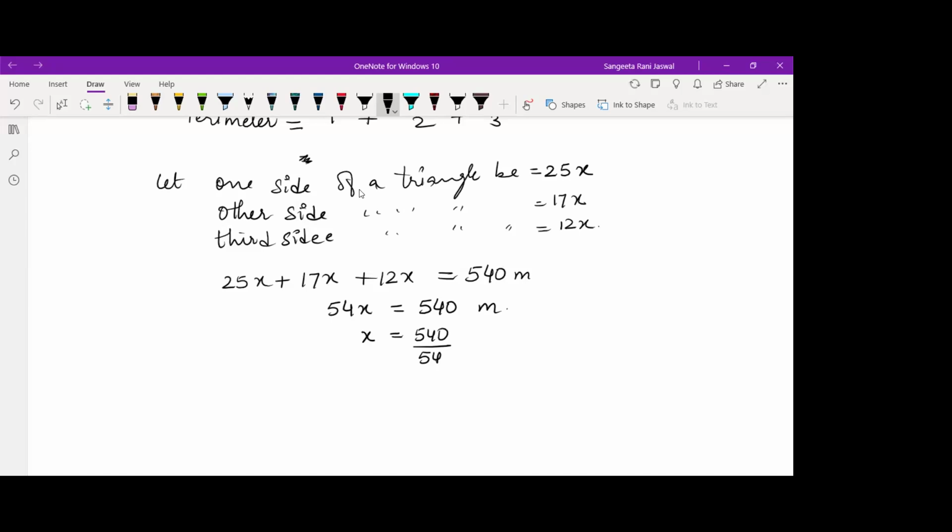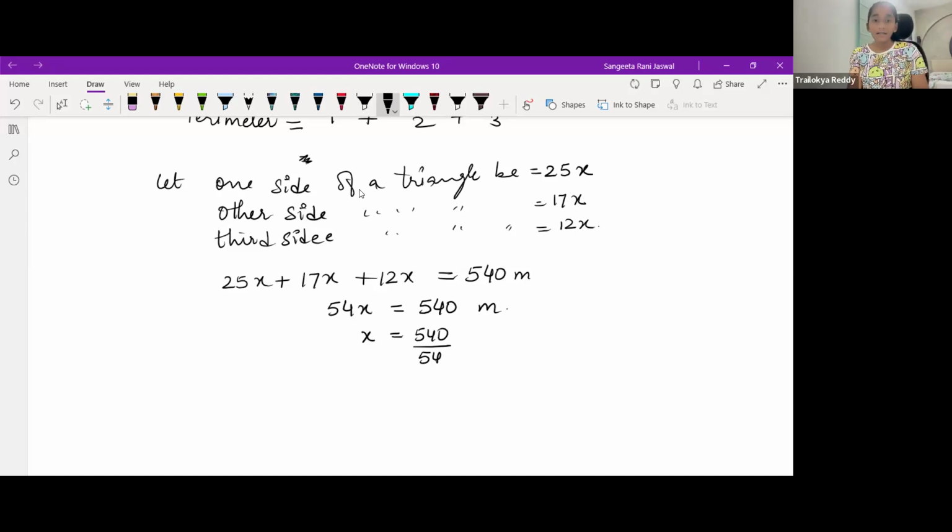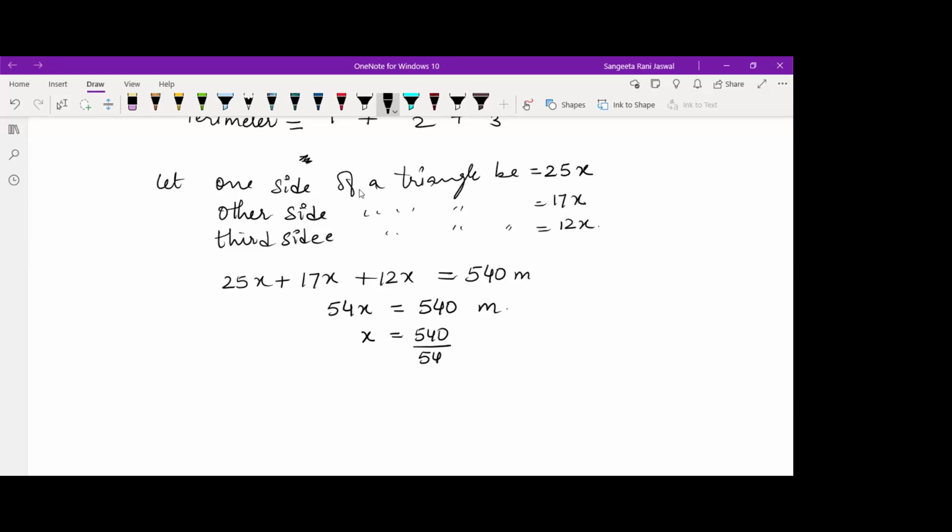Why is it dividing here? Because 54 is multiplied by x, when we bring it to the other side, it's 540 divided by 54. So always when something is multiplying here, when it goes on the other side of equal to, it becomes divide. Multiply always changes to divide.